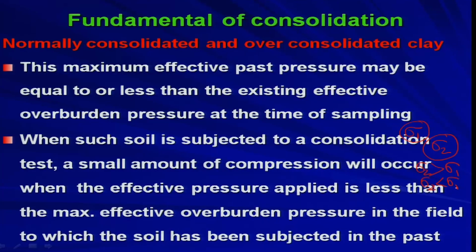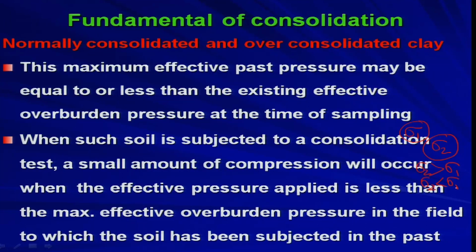Okay. So, now when such soil is subjected to a consolidation test, a small amount of compression will occur when the effective pressure applied is less than the maximum effective overburden pressure to which the soil has been subjected in the past.